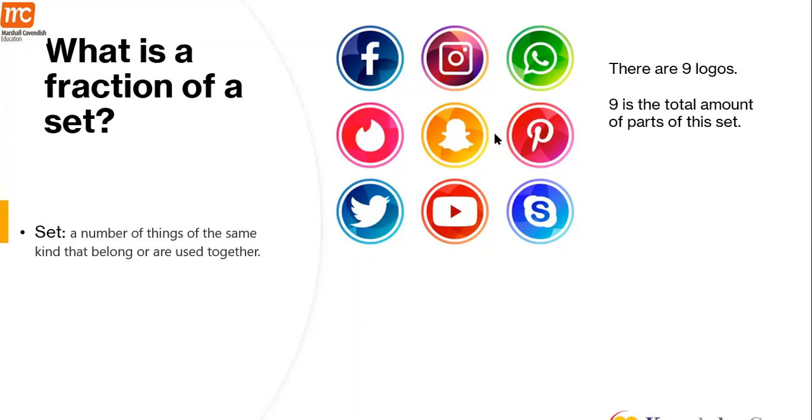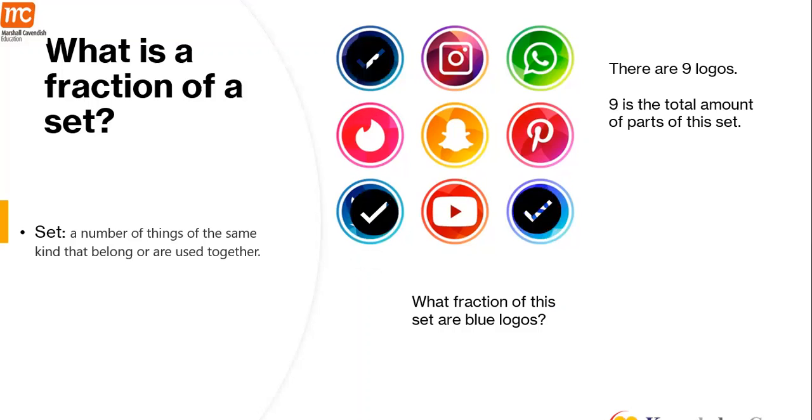Now, if I want to take a fraction of this set and I say, what fraction of this set are blue logos? How do I do that? Well, I'm going to count how many of them are blue. It's 1, 2, 3 blue logos. Those 3.